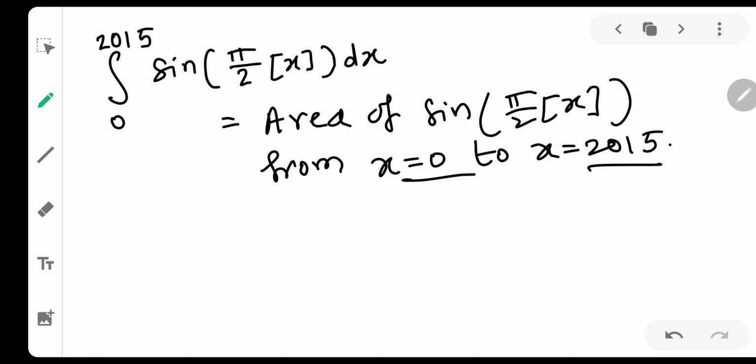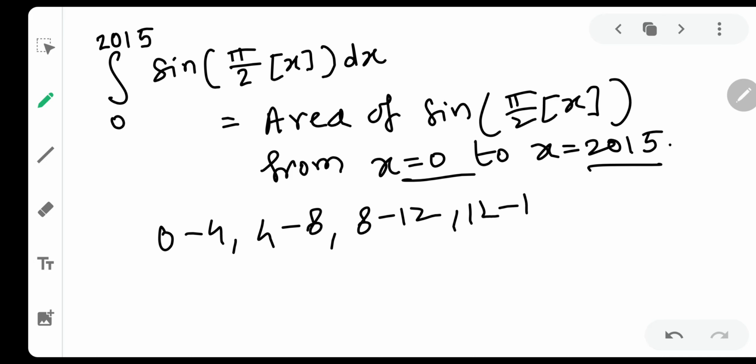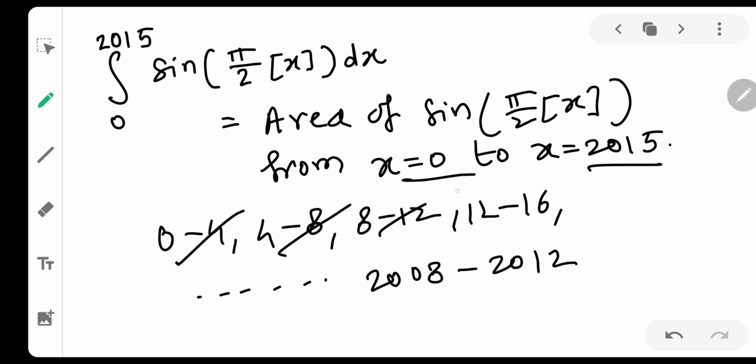So cycle of 4: 0 to 4 area 0, 4 to 8 area 0, 8 to 12 area 0, 12 to 16 area 0, and this will continue up to 2008 to 2012. All areas will be 0.